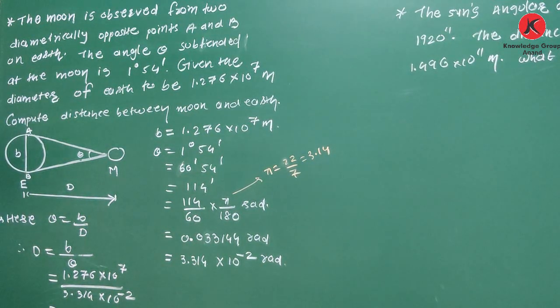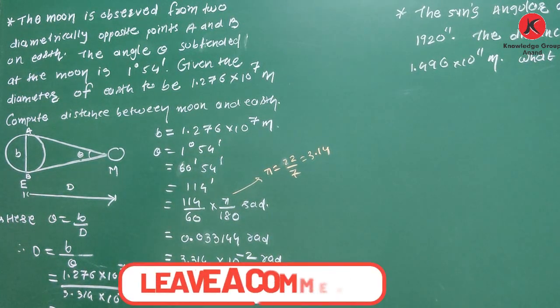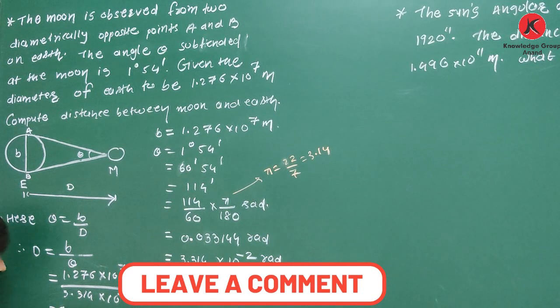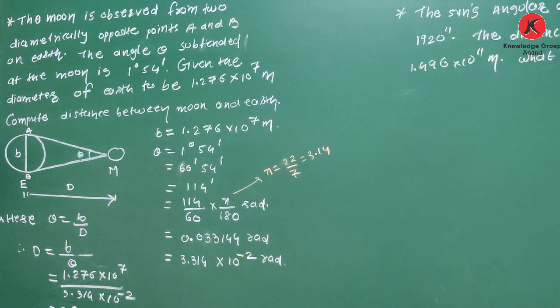So how to calculate this? In a simple calculator, you have to do 1.276 divided by 3.314, and your answer will be 0.3850 into, what about power of 10? Here power of 10 is 7 and in the denominator it is 10 raised to minus 2.